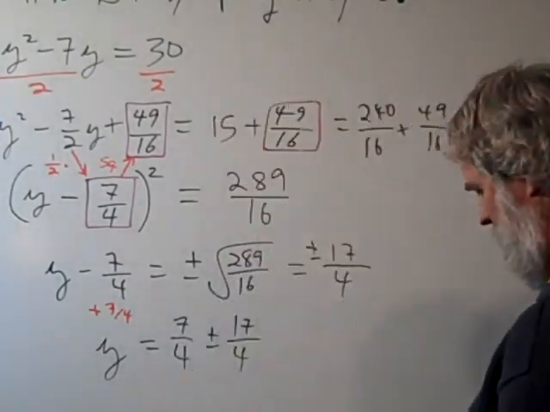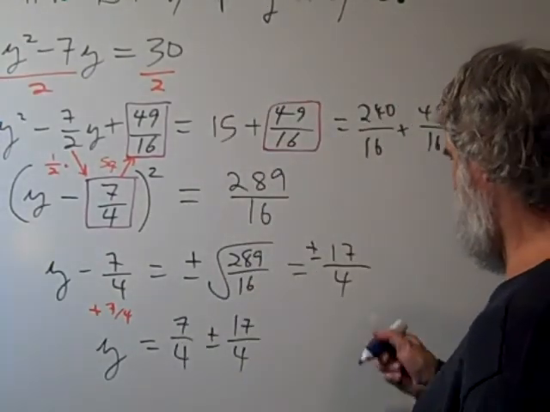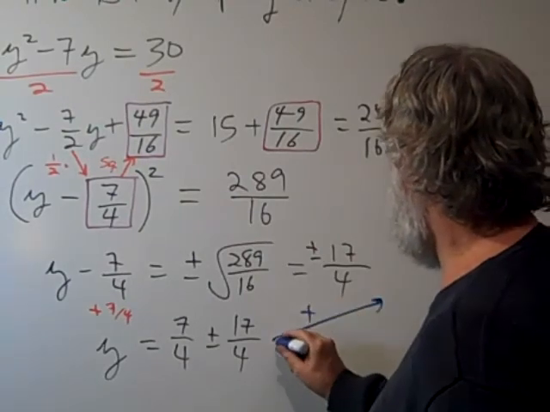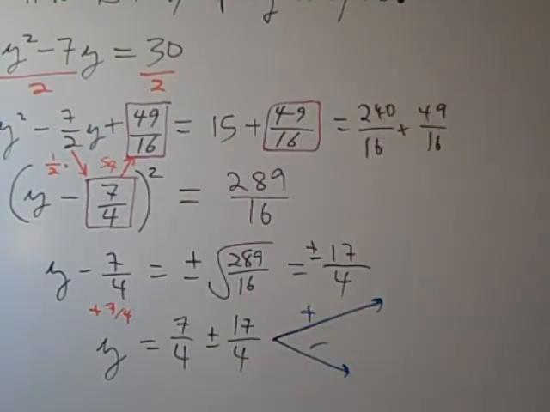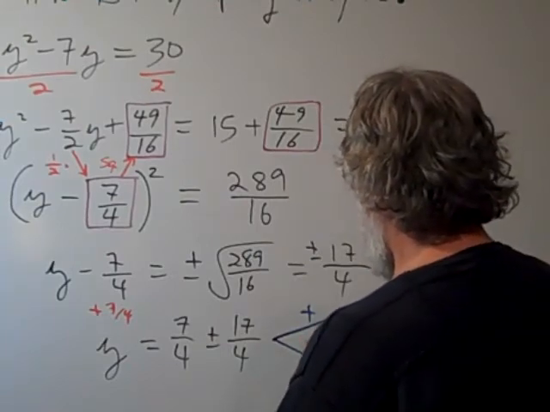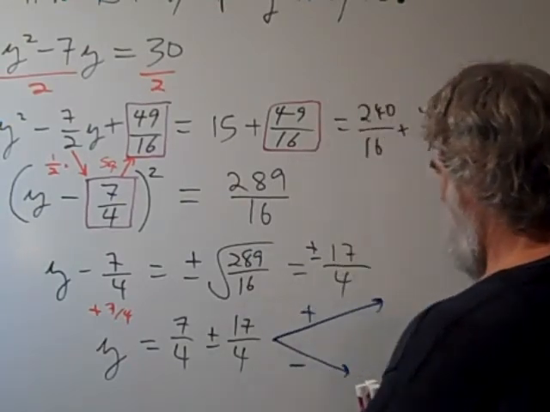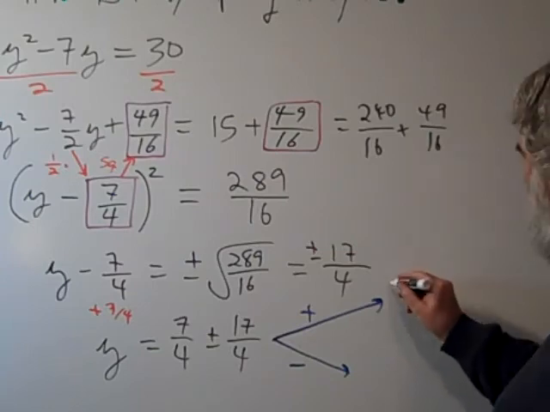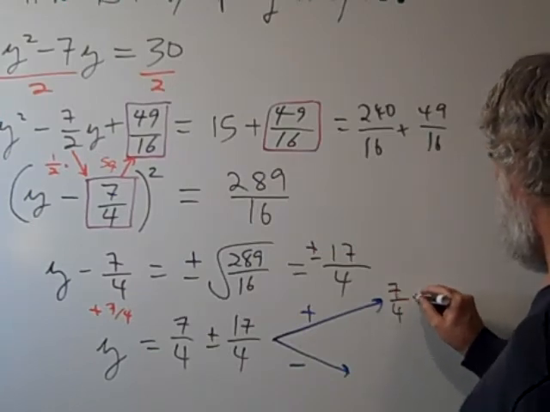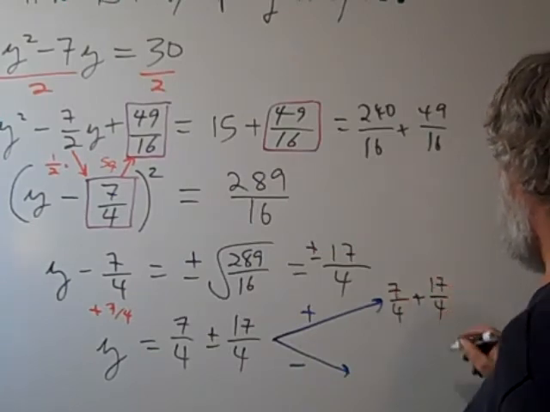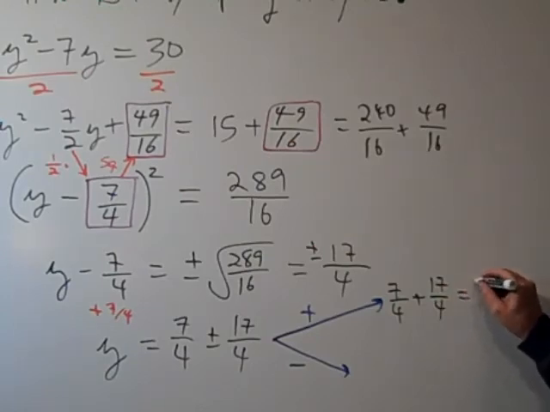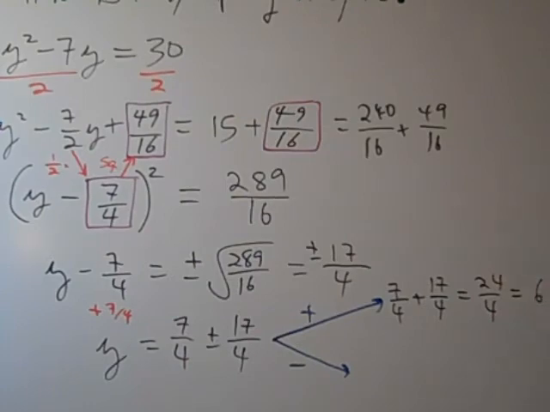If I choose the plus, we have 7/4 plus 17/4, and that equals 24/4, which is 4 goes into 24 six times. So one of the solutions is y equals 6 in this case.